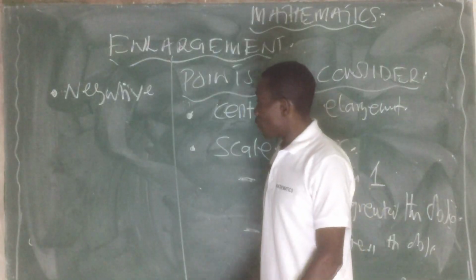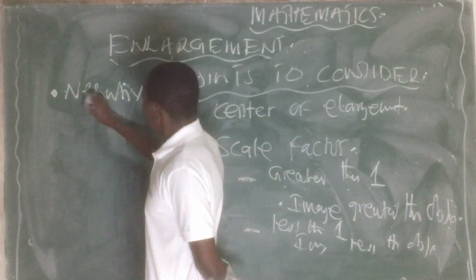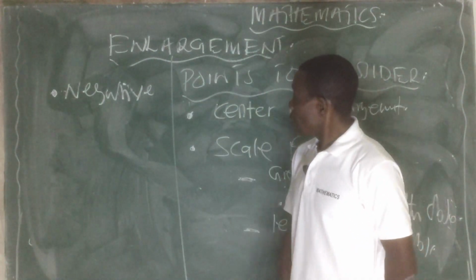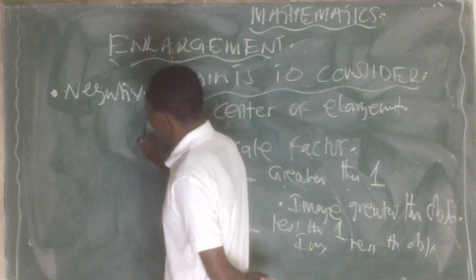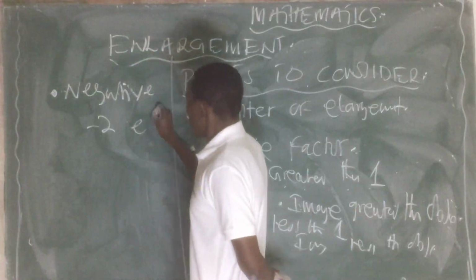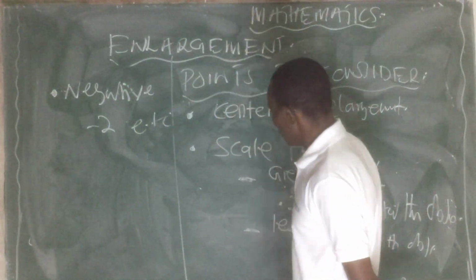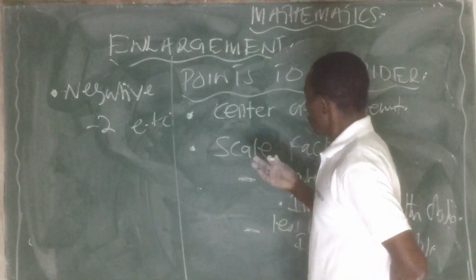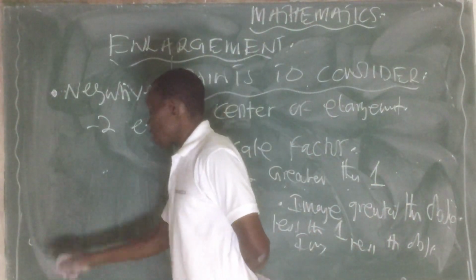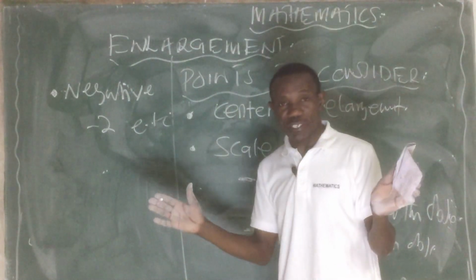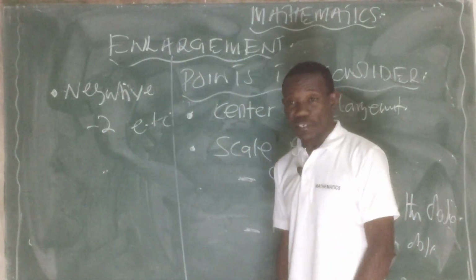So a scale factor sometimes can be negative, -2, -3, -half. So if a scale factor is negative, like -2, our expectation is that when I'm enlarging the figure, I should expect to have the center of enlargement to be in between the image and the object.